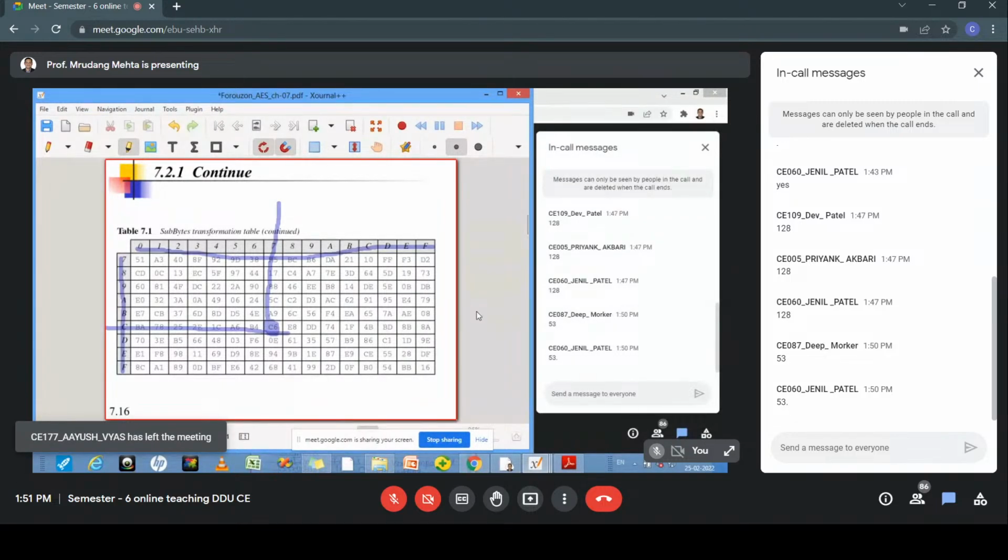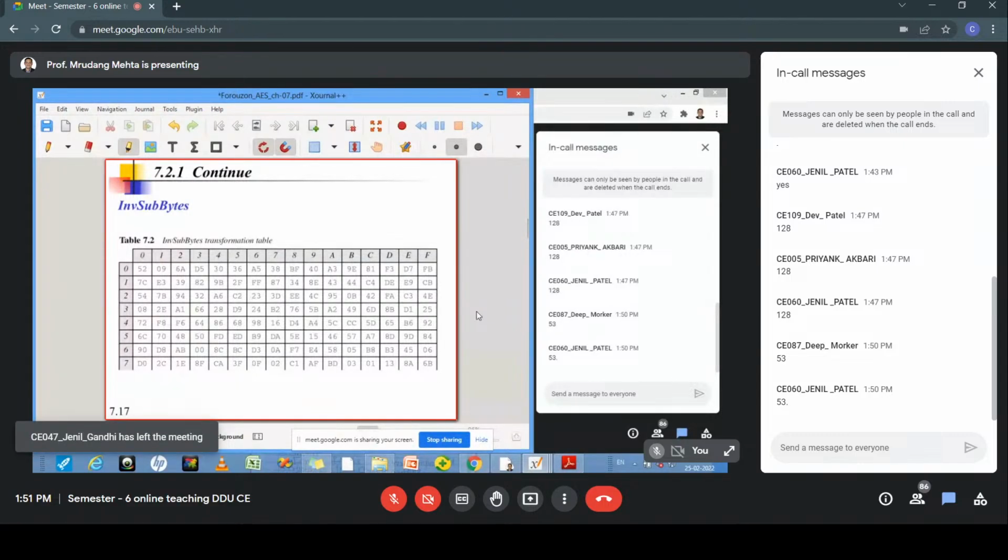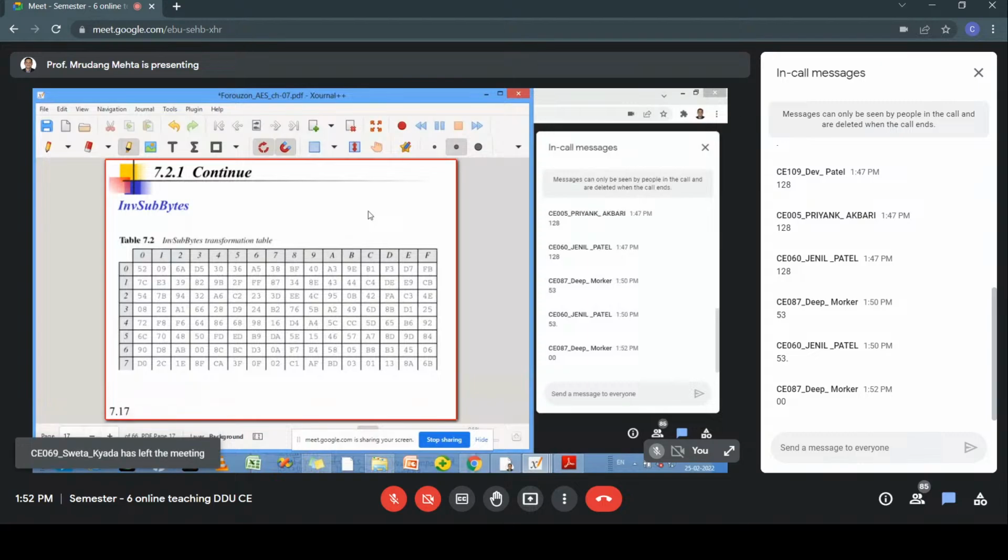Similarly, an inverse sub byte transform table is also available. For decryption purposes it is required, right? So we have an invertible table. If you look at this inverse table, what is the corresponding value for 63? Find out. If the input hex value is 63, what is the output value from the inverse substitution table? 00. Perfect.